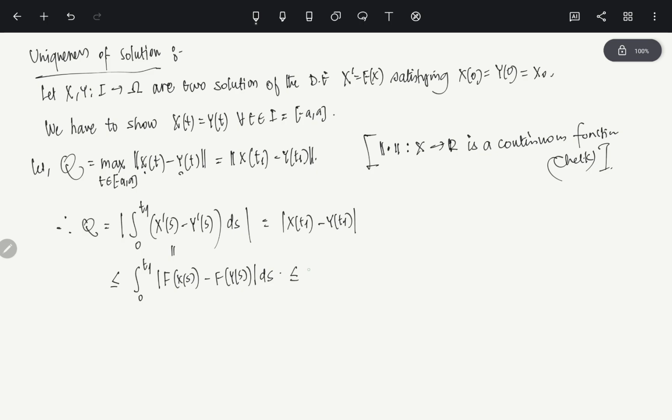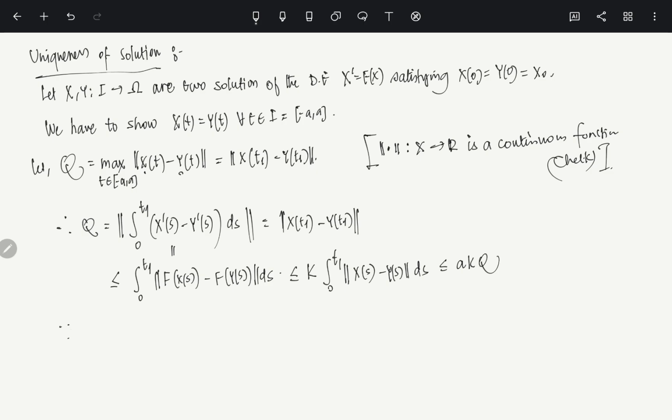So this is dominated by k times the integral from 0 to t1 of the norm of x of s minus y of s ds, and these are all norms because these are all vectors. So that is always dominated by a k q.